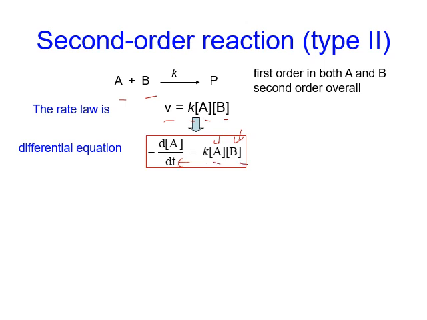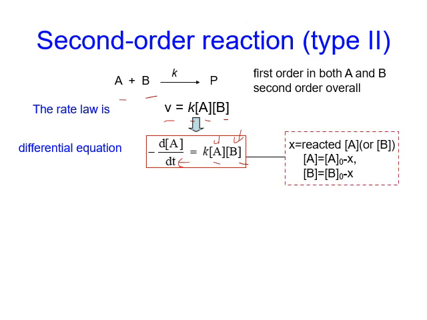So if we assume the reacted A or B is x, because the reacted amounts of A and B are the same, then at any time the concentration of A equals the initial concentration minus x, and for B it is the initial concentration of B minus x. So plug in this equation. Now we only have 2 variables: x, the amount of A or B that reacted, and time.